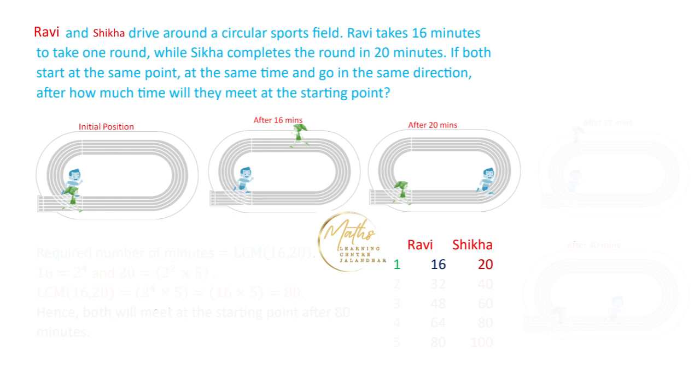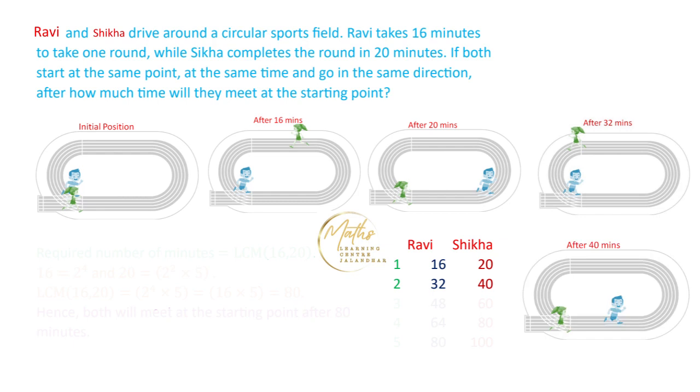Now suppose we are talking about the second round. Ravi will complete the second round after 32 minutes, Shikha will complete after 40 minutes. So the situation after 32 minutes will be like this, and after 40 minutes will be like this.